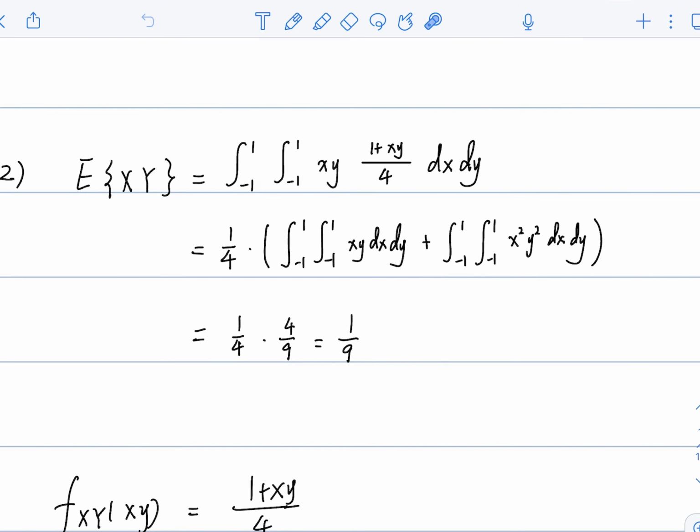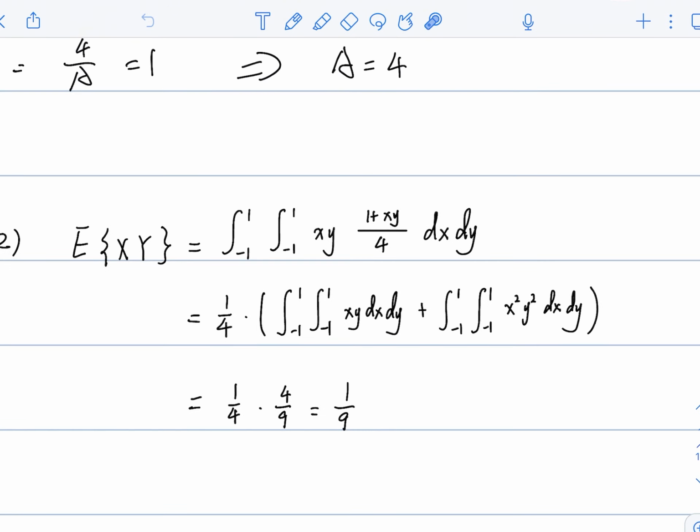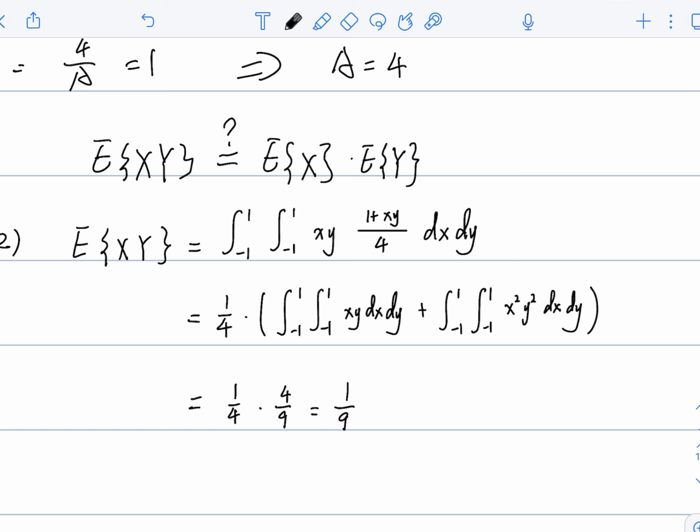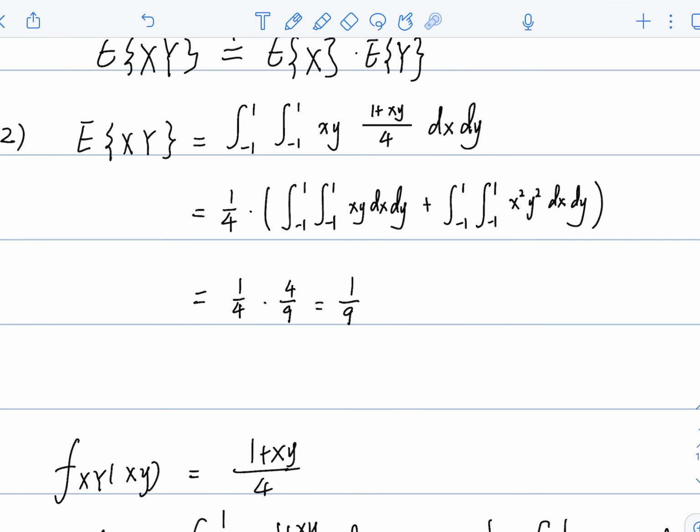To do so, we should check whether the expected value of XY equals the expected value of X multiplied by the expected value of Y. Therefore, the expected value of XY equals the integral of xy multiplied by f(x,y). The final value is equal to 1/9.